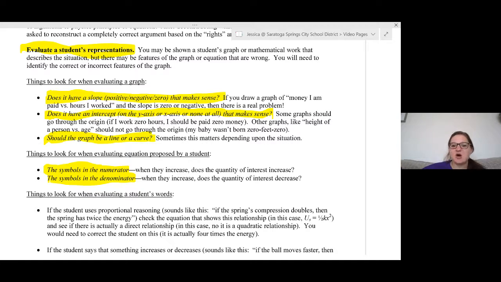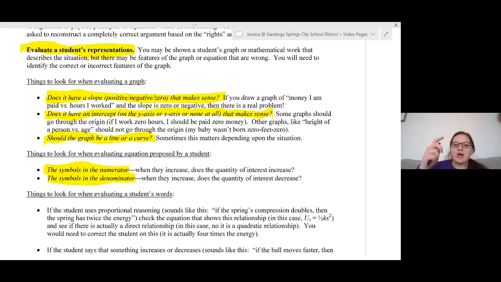So if I increase the speed that something is traveling at, should it also increase in distance? Well, yes, the faster I travel, the farther I should go. And then if the symbols are in the denominator, remember there's going to be that opposite relationship. When that symbol in the denominator increases, does the quantity of interest decrease? That's that inverse relationship.